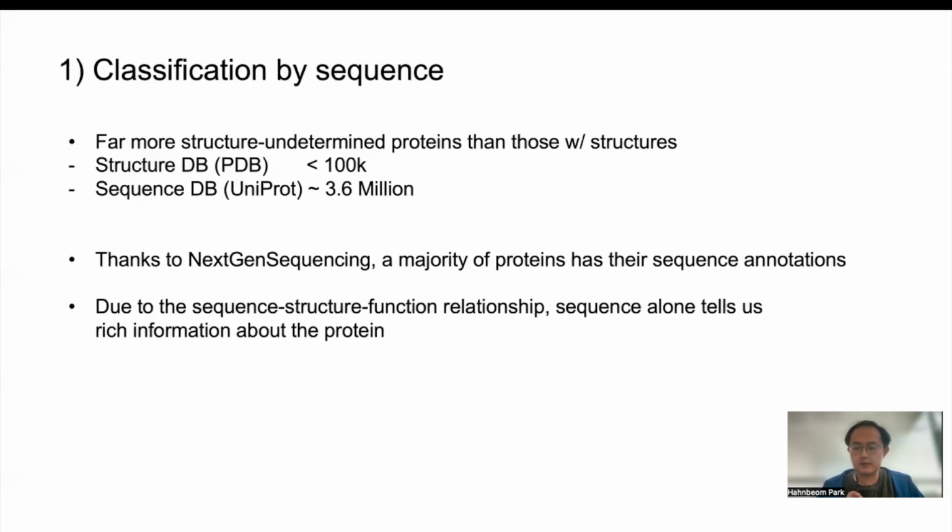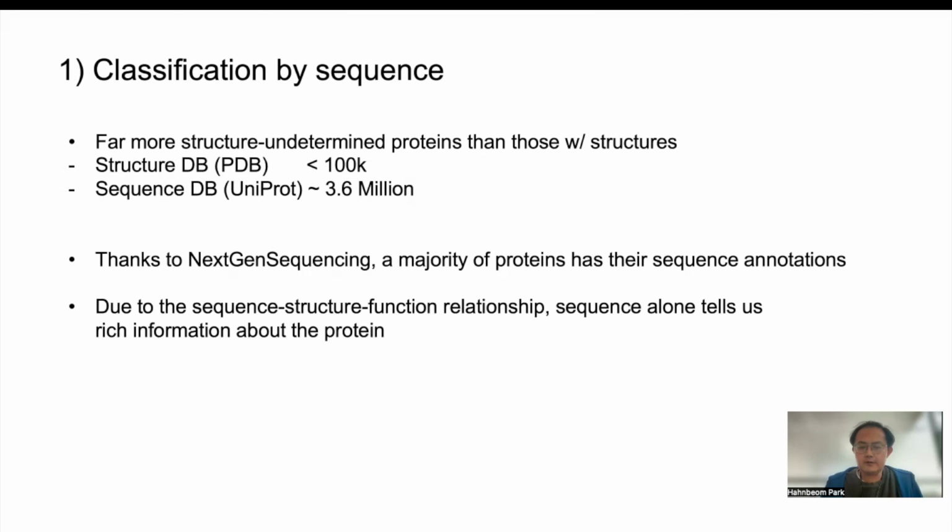But if you count the number of sequences, there are more than 3.6 million. Because of next generation sequencing, most of the proteins you know have their sequence annotations, but only a fraction of proteins have their structures. This is why you use sequence for classifying proteins.